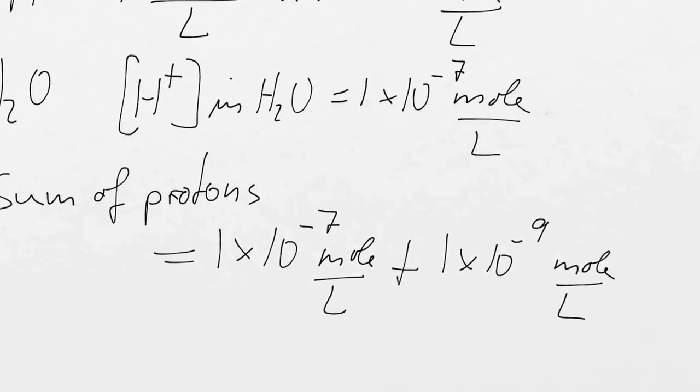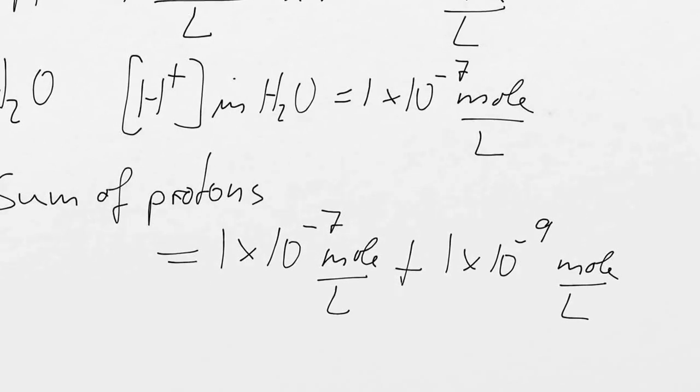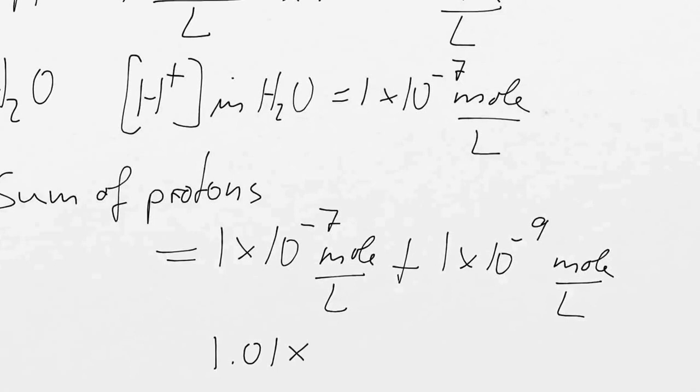Does that make sense? And that would give us 1.01 times 10 to the minus 7 mole per liter. So let me quickly write that. We've got a 1.01 times 10 to the minus 7 molar solution of protons.